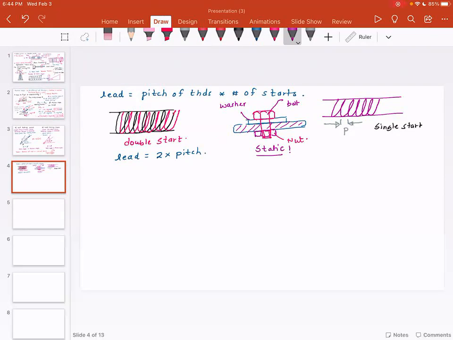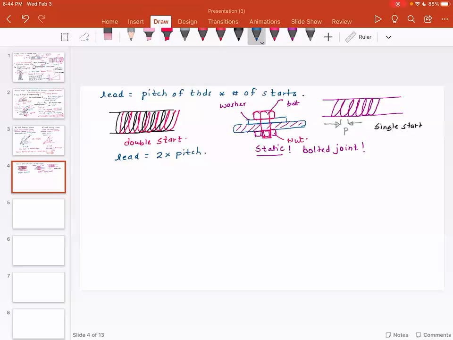So it's a bolted joint. For bolted joints, you will not have a double start screw. The advantage of a double start screw is in power screws, or when the motion is an important characteristic.